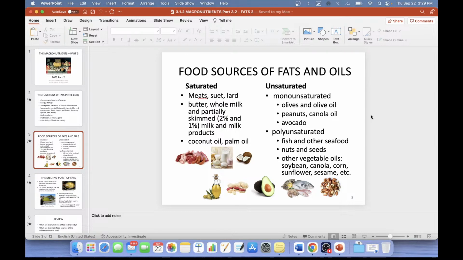It is also a source of saturated fat, even though in lower quantities. And milk products that are made from whole milk or partially skimmed milk are also sources of saturated fat.